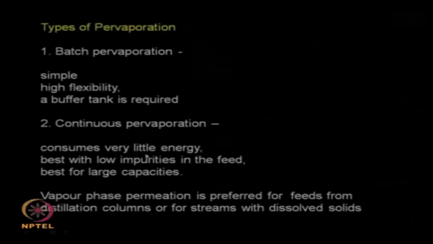Obviously it will consume less energy. It is very good for low impurities in the feed. I want to remove only a small amount of impurity and I have a large quantity of the stream. In that case it is very good, so it is best for large capacity. A large quantity of a stream needs to be processed and it has very little impurity which needs to be removed using this concept.